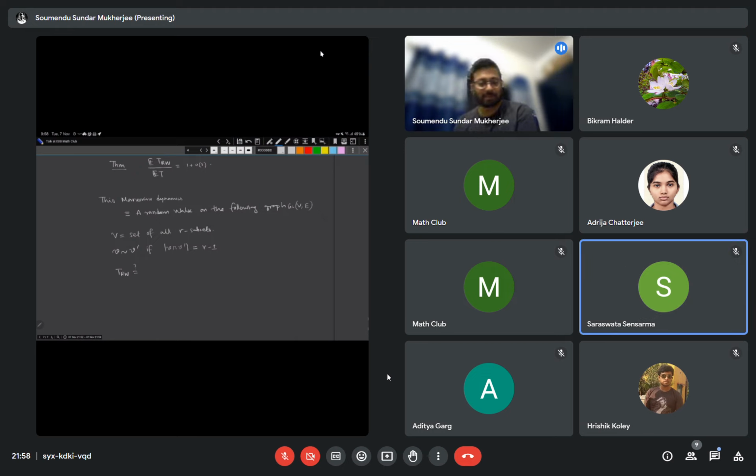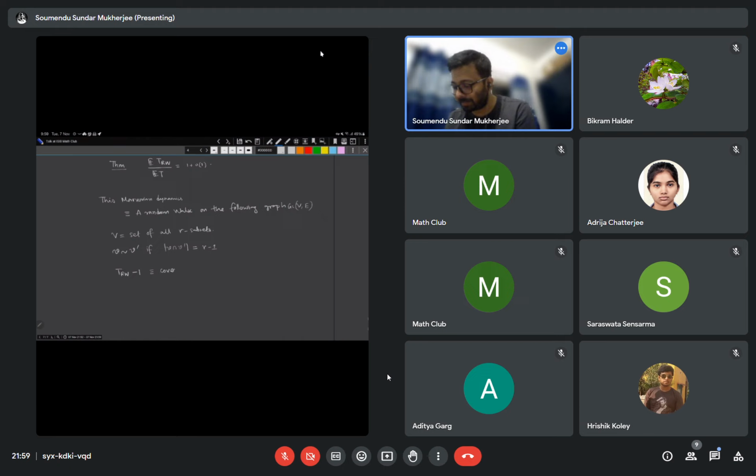Exactly. So I have covered all the vertices, right? The T_RW is basically the cover time of this random walk. Technically, it's T_RW minus 1 because the starting thing in our process is also random. But anyway, T_RW minus 1 is actually the cover time of this random walk.